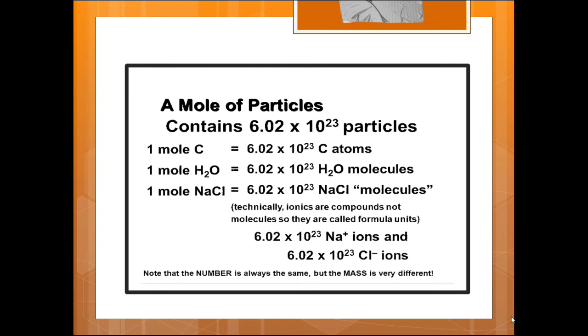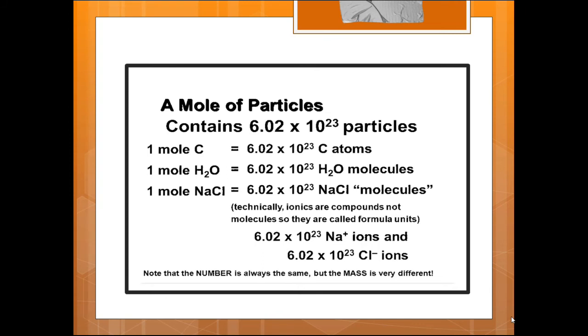1 mole of carbon means 12 grams of carbon having 6.022 into 10 to the power 23 carbon atoms. 1 mole of water means 18 grams of water having 6.022 into 10 to the power 23 water molecules. 1 mole of NaCl means 58.5 gram NaCl contains 6.022 into 10 to the power 23 NaCl formula units. Technically, ionic compounds are not molecules, so they are called formula units.